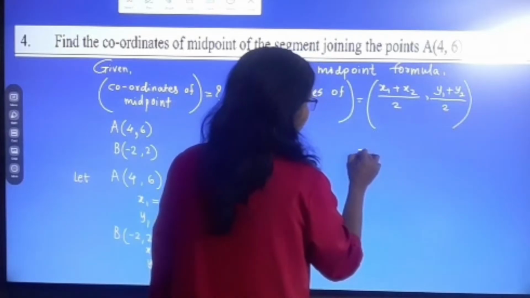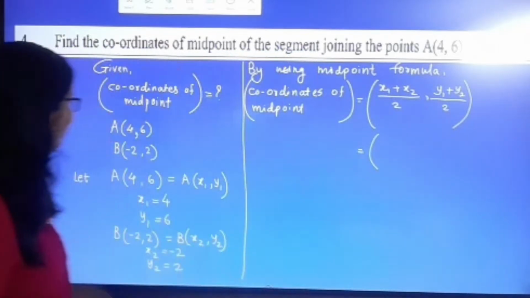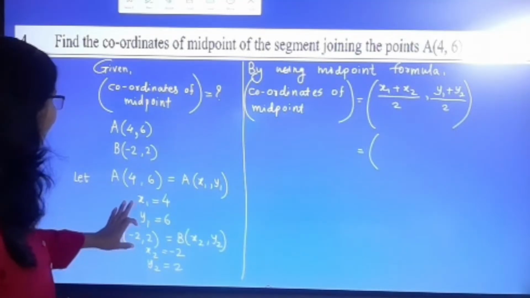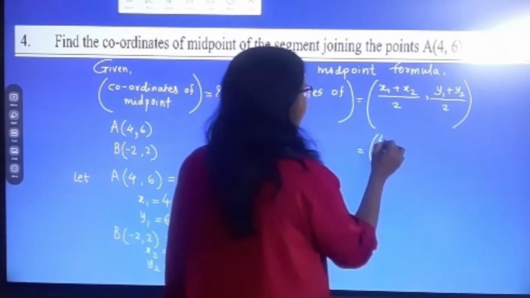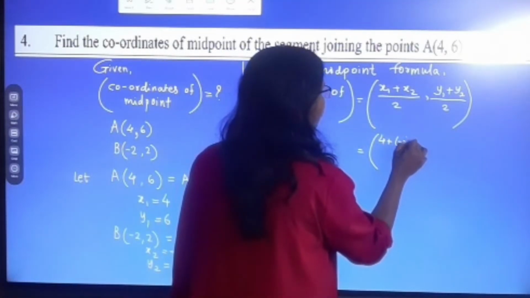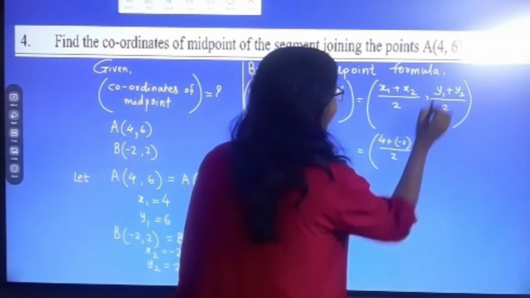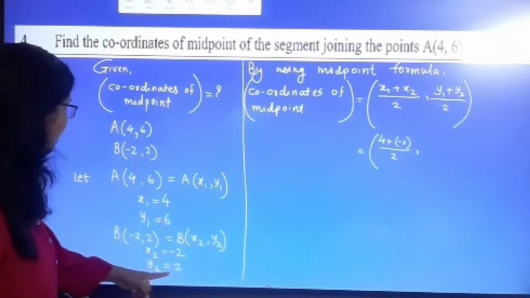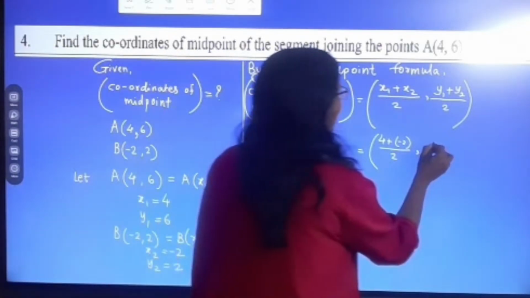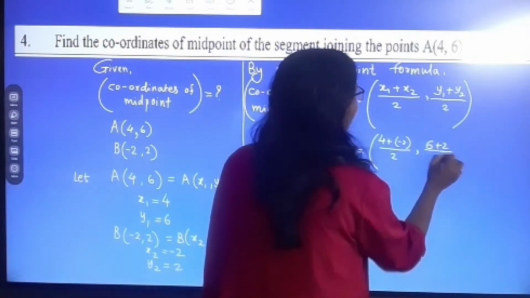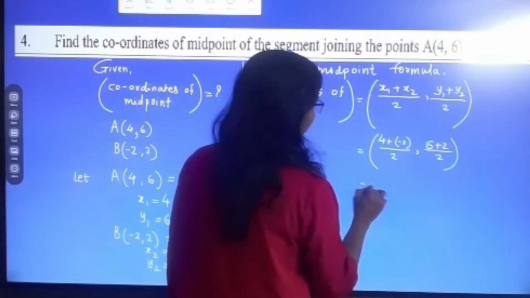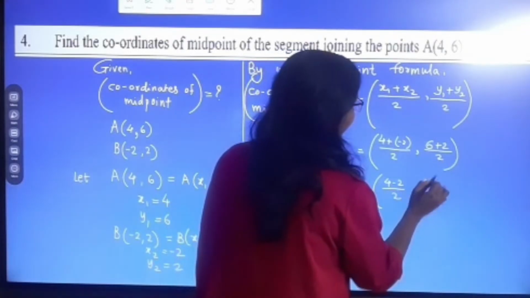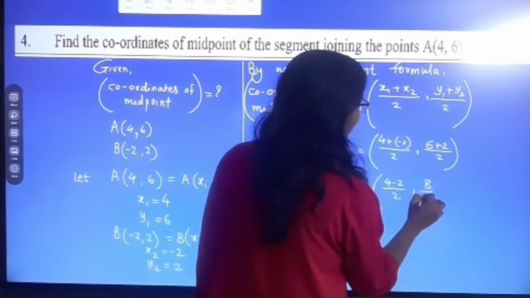Okay students. So here, x1 plus x2, so 4 plus (-2) upon 2, and then here y1 plus y2 upon 2, so here 6 plus 2 upon 2. So here 4 minus 2 upon 2, and here 6 plus 2, that is 8 upon 2.